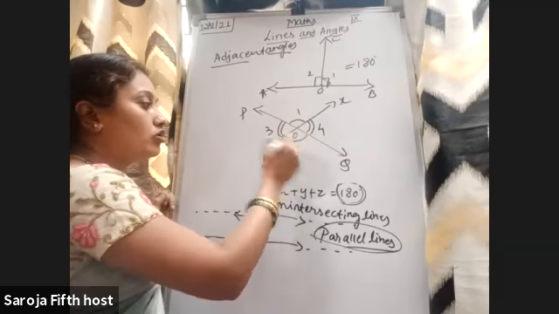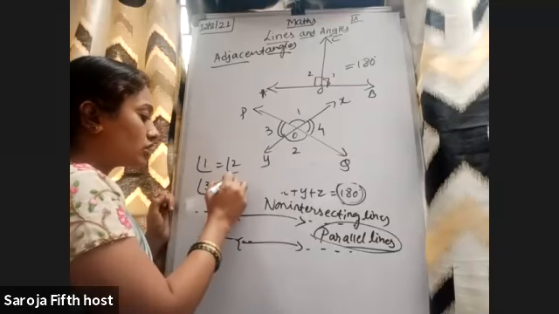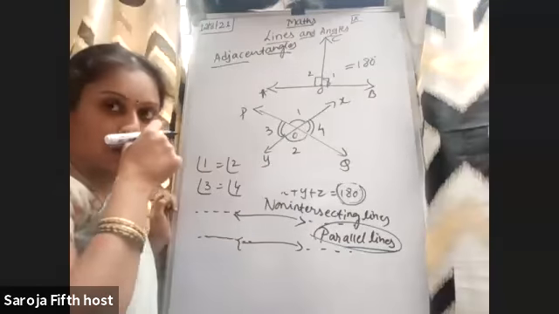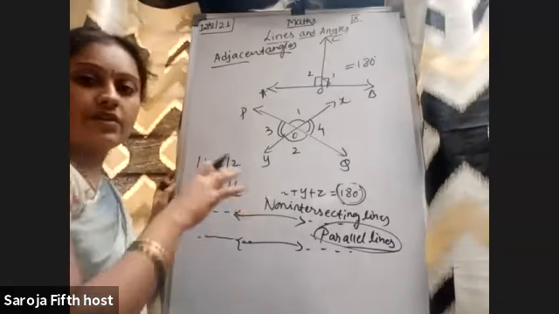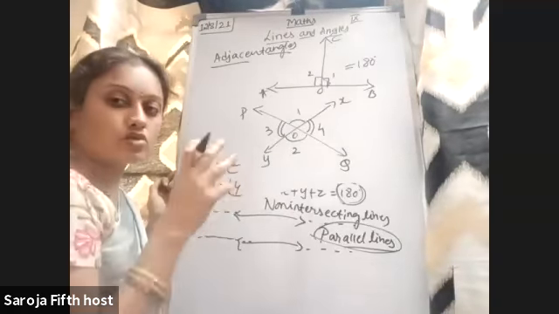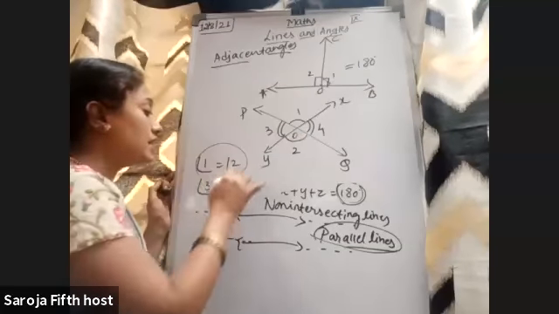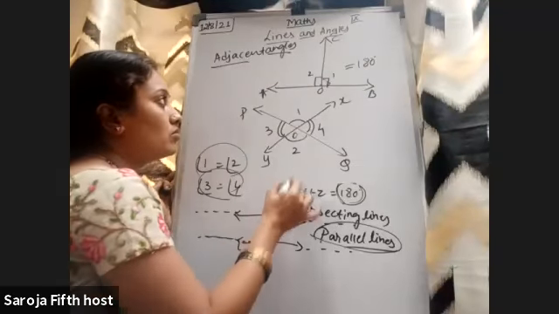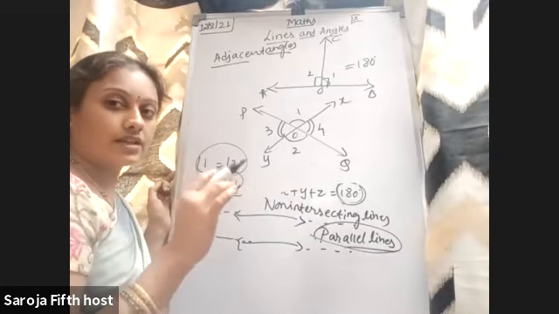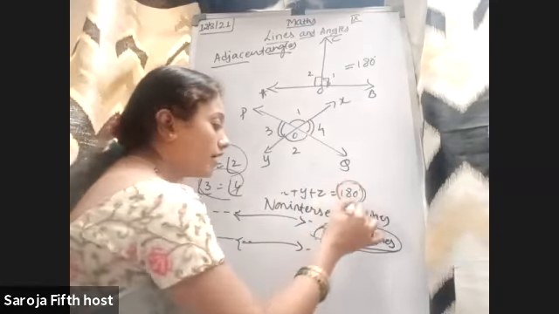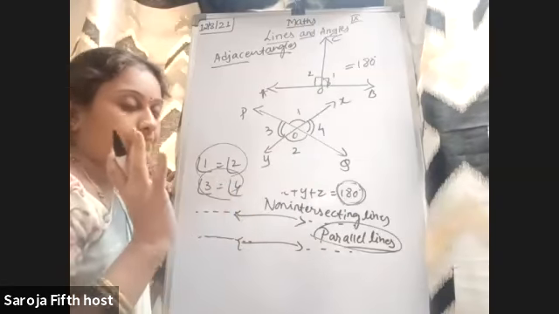Angle 1 and angle 2 will be equal and angle 3 equals angle 4. Vertically opposite angles will always be equal, and the sum of the angles on a straight line, that is a linear pair, will be equal to 180 degrees. These are all we use while solving the problems.